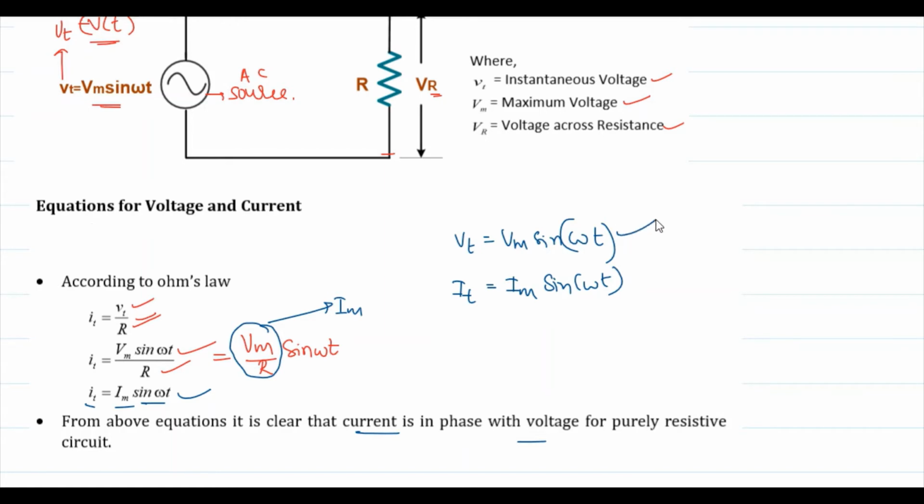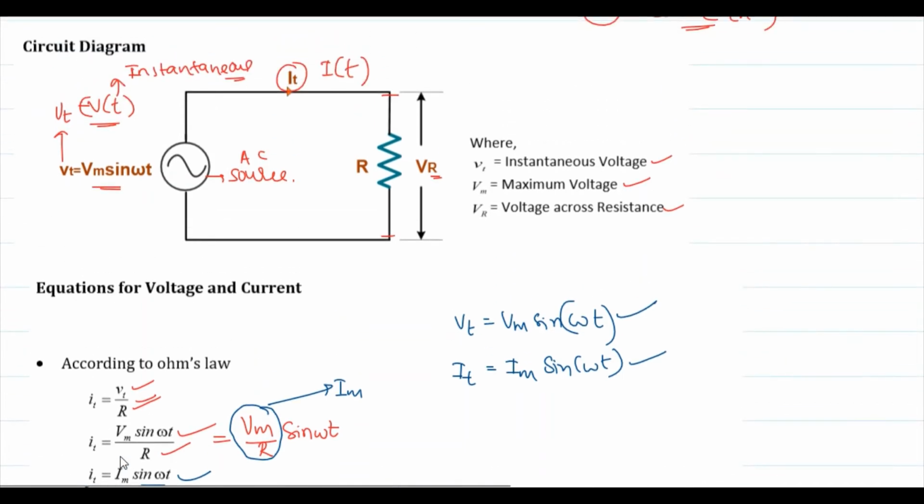If you see the phases of these two, both are omega t only, so there is no difference between them. This means current and voltage are in phase, so both are in phase for the purely resistive circuit. You can observe this in the above circuit.